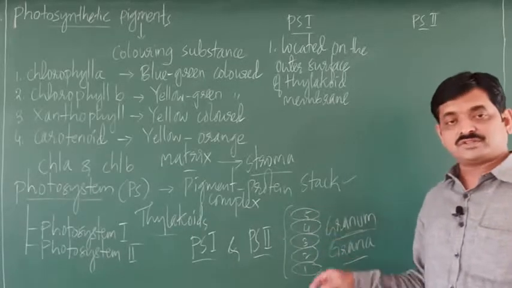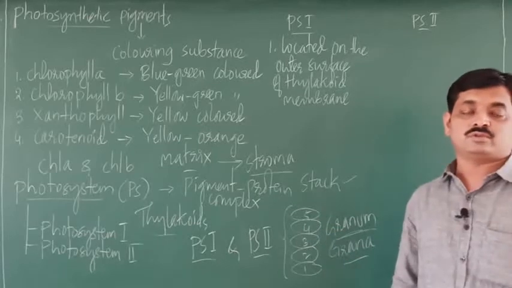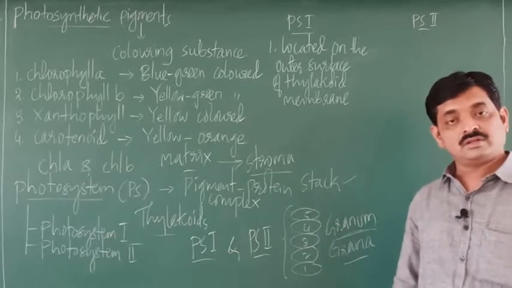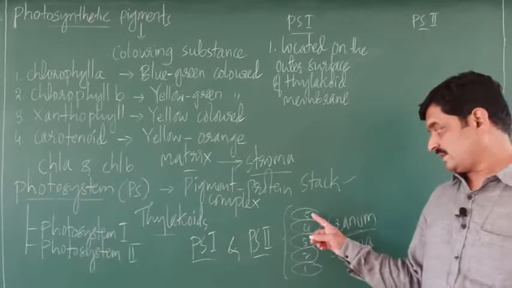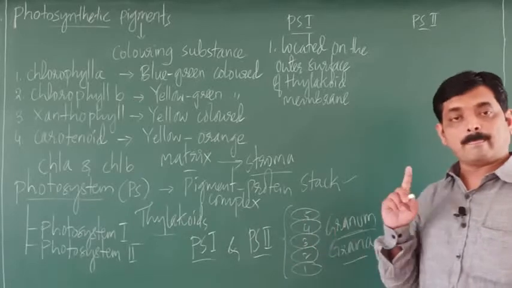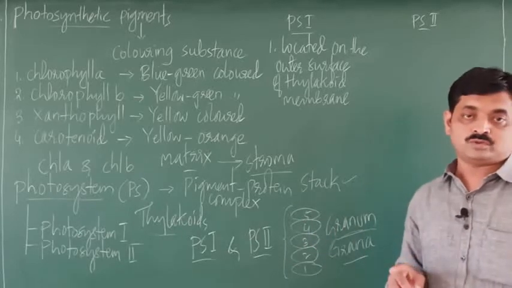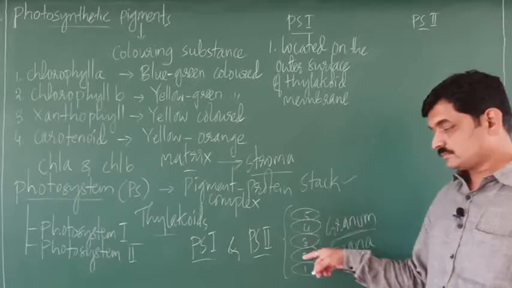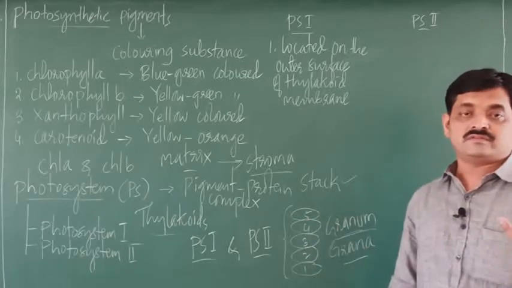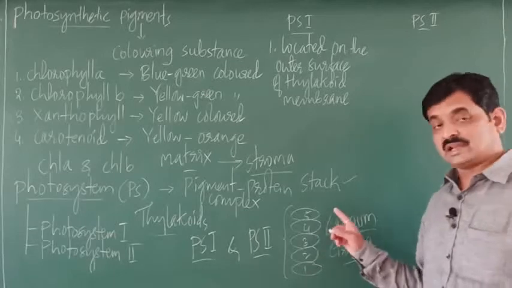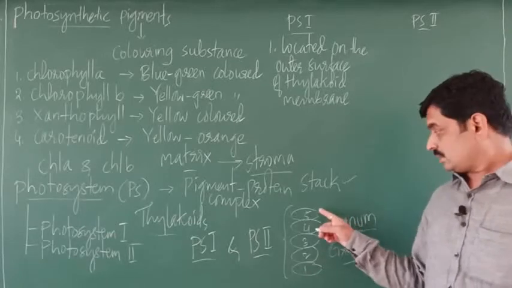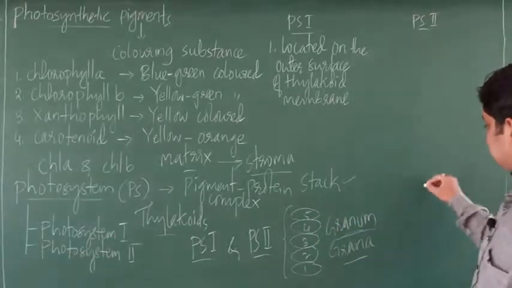These thylakoids contain photosynthetic pigments like chlorophyll. So chlorophyll is located in the thylakoids, right? So chlorophyll is a photosynthetic pigment that is located in thylakoids. Understood?